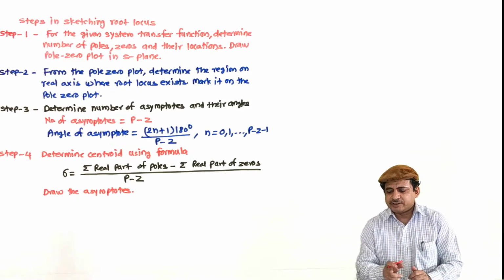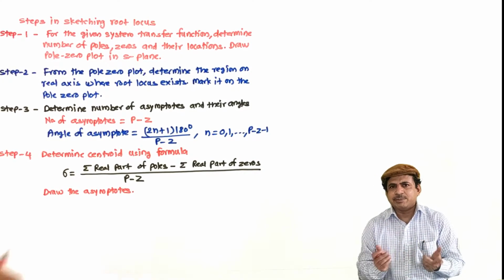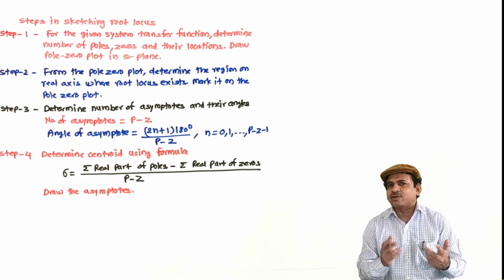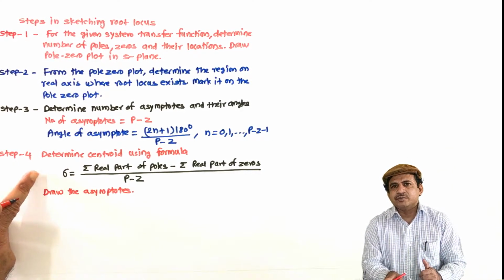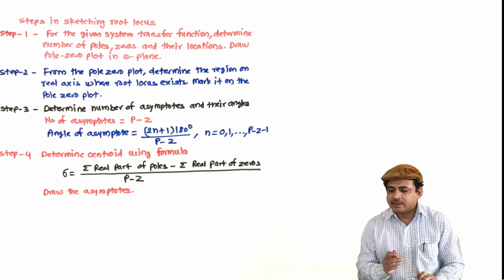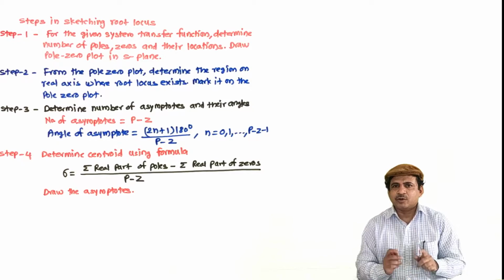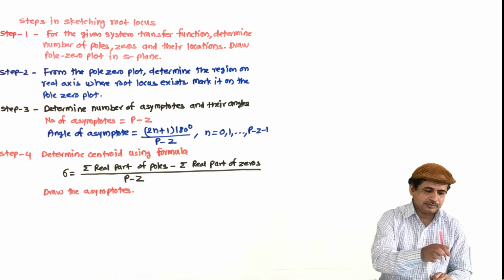That is why the centroid may or may not be part of the root locus. This is the only salient point on the root locus which may or may not be part of it even though it exists. The remaining points are always part of the root locus if they exist at all.